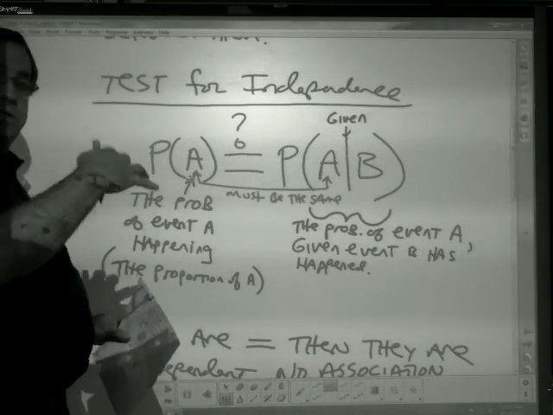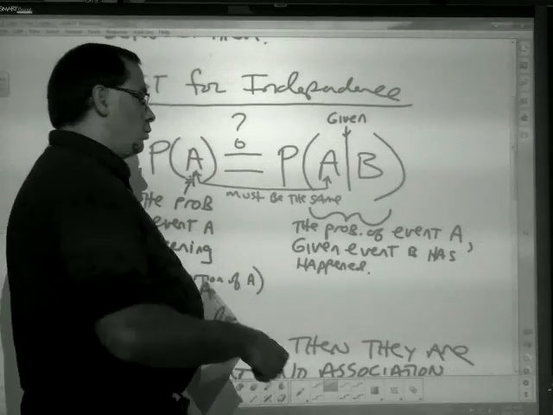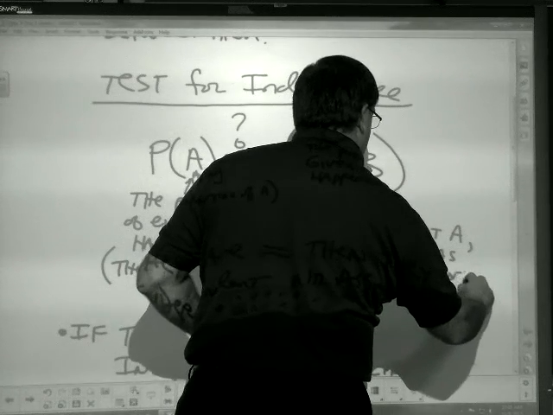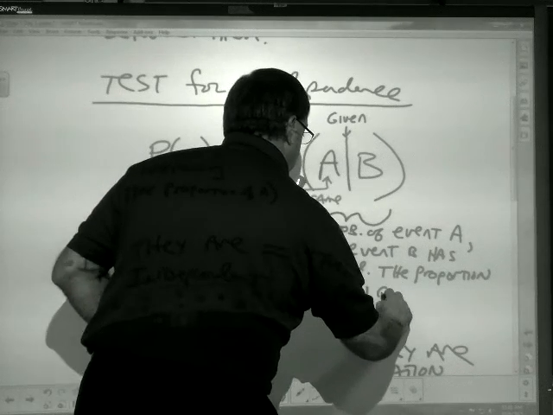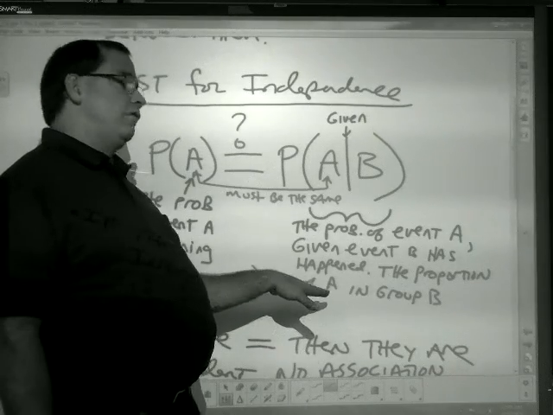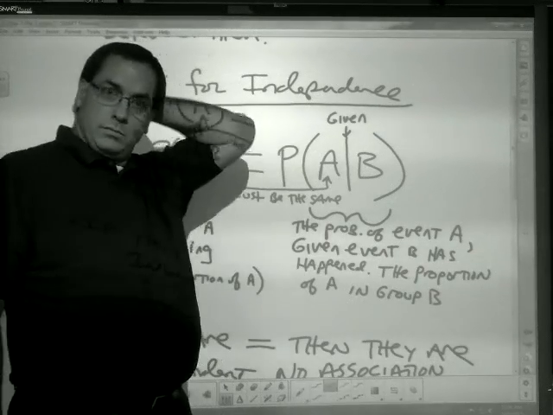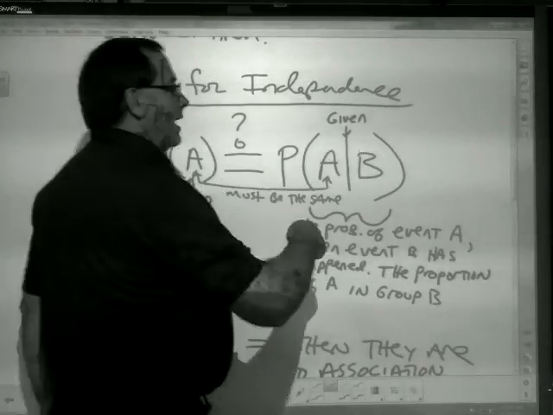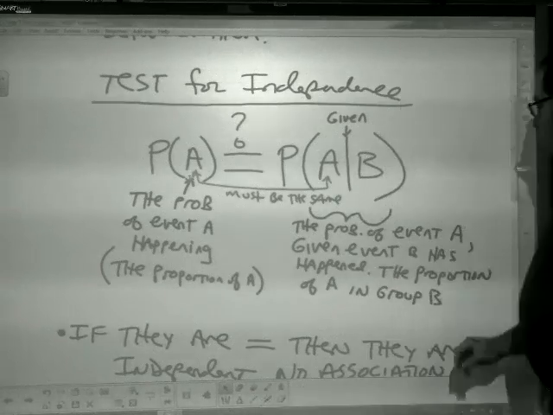So according to what we just did today in class, it is the proportion of A that is in group B. Like, what is the proportion of blue-eyed people among the females? Okay? So, we test this mathematically, and you're going to see it's as confusing as this looks. It gets easier, don't worry, okay?